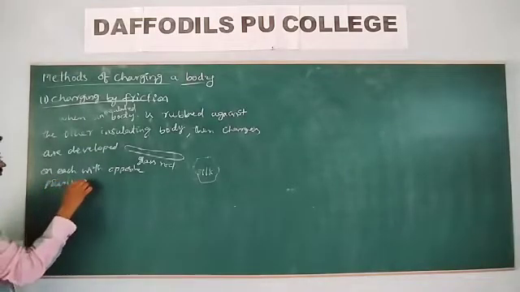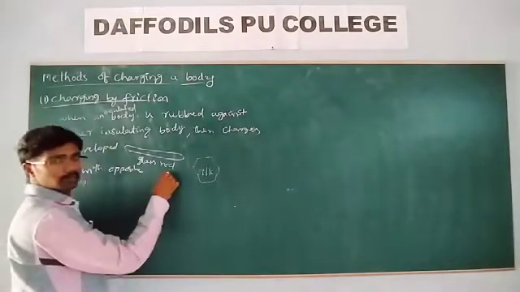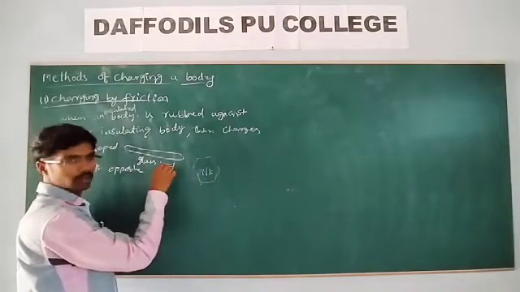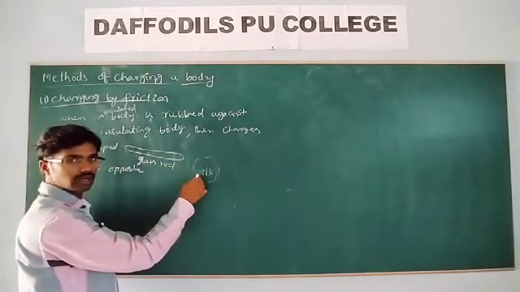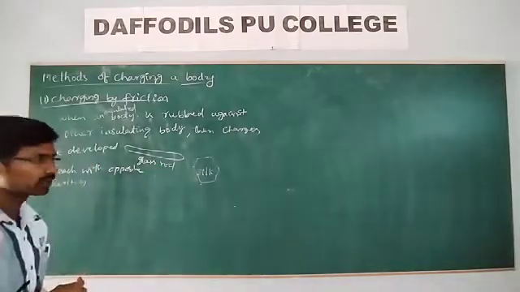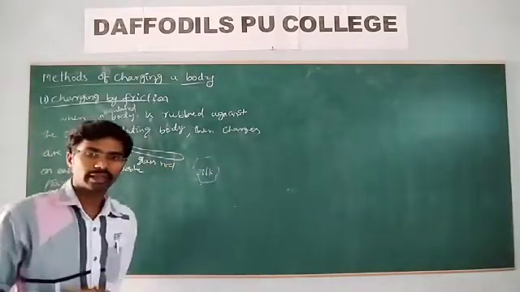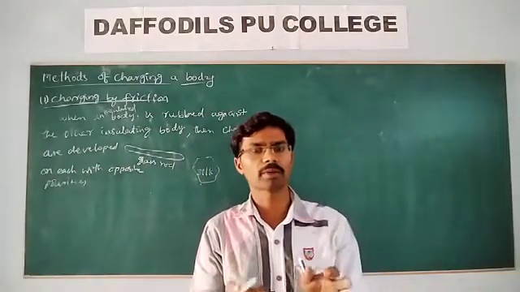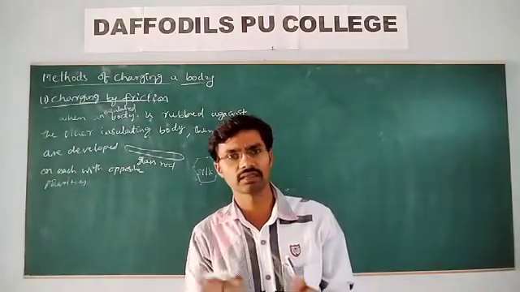When you rub a glass rod with a silk cloth, both are insulators, so they have equal numbers of protons and electrons.